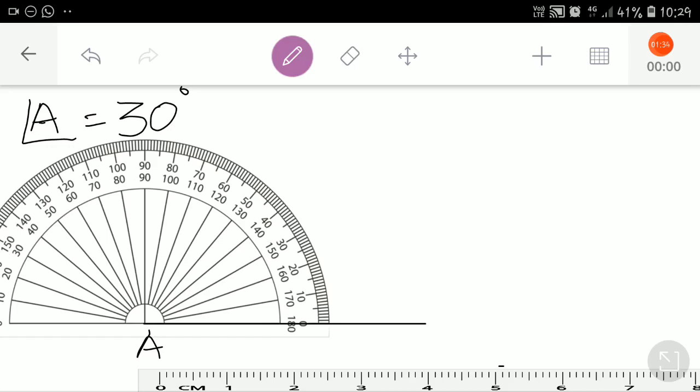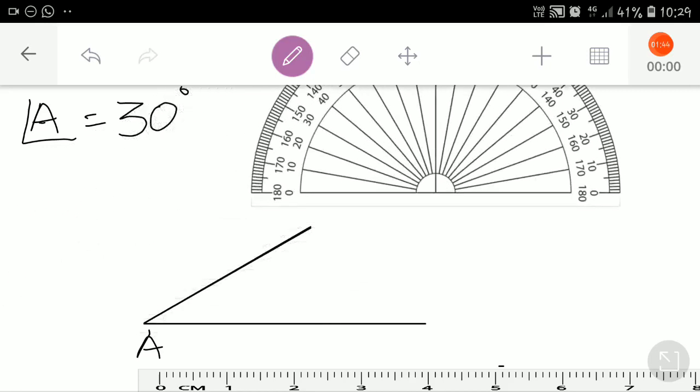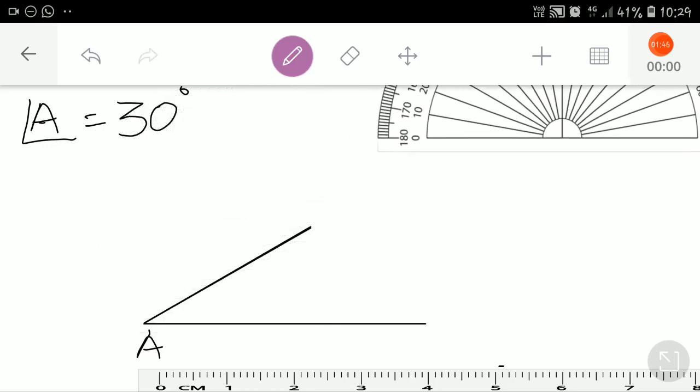It is here. Okay, so after this you should first keep a point here and then you have to take the protractor out, and after that only the point will be here, and then you have to take your scale and draw a line.